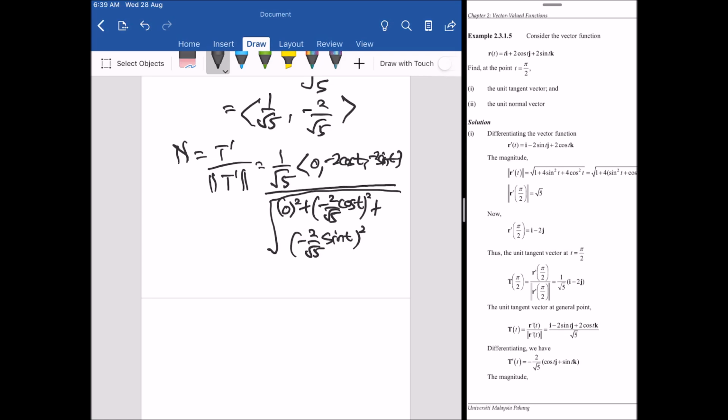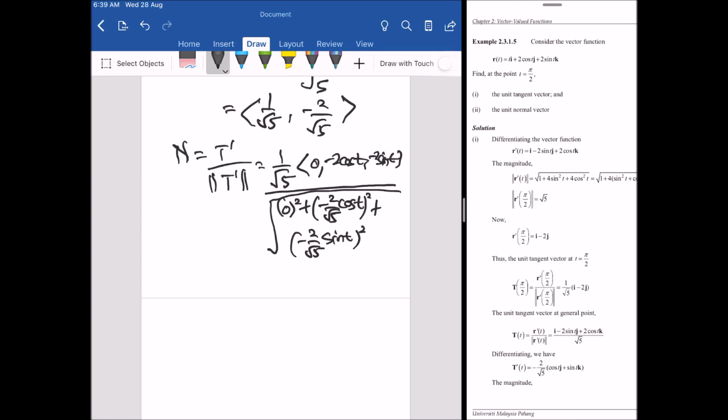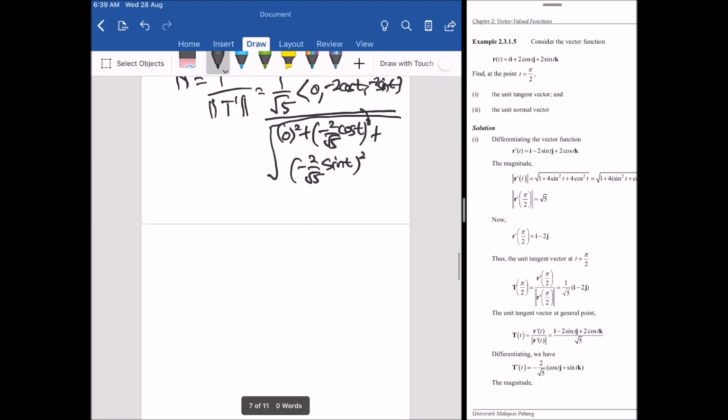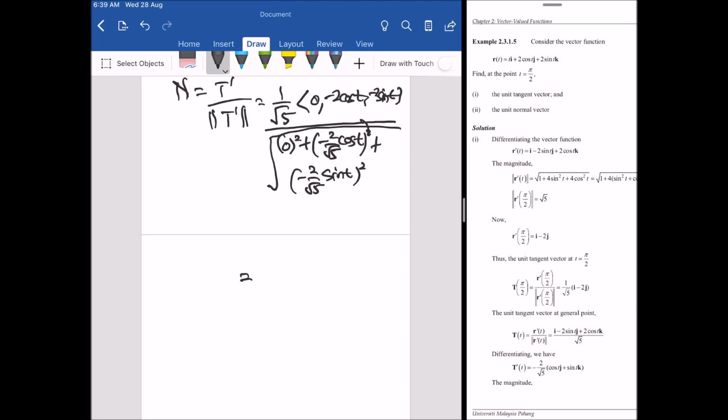But before that, we solve for the denominator here, in which everything becomes square root of 4 over 5.